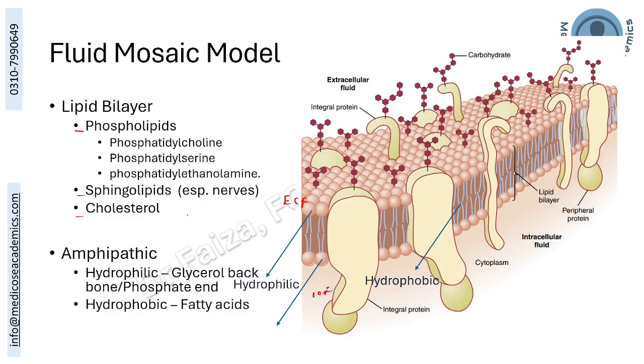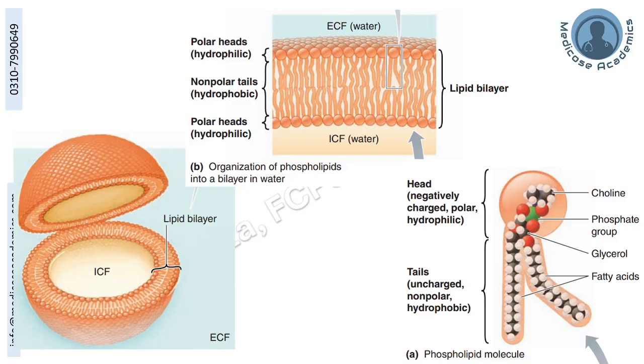Because of these hydrophilic and hydrophobic ends of the phospholipid molecules, we call it amphipathic, that some part is hydrophilic and some part is hydrophobic. Among the phospholipid molecule, the hydrophilic portion is formed because of the glycerol backbone and the phosphate end, whereas the fatty acid chains make the hydrophobic end of the phospholipid molecule.